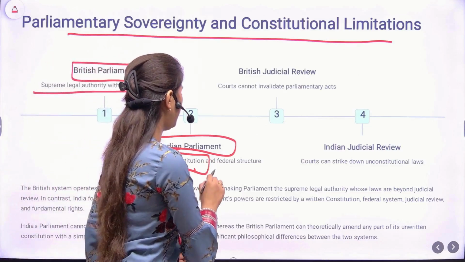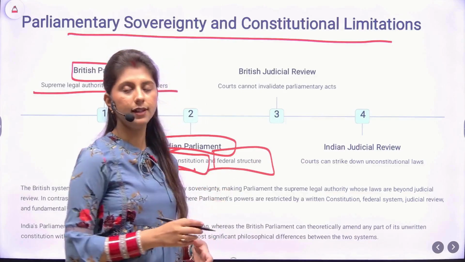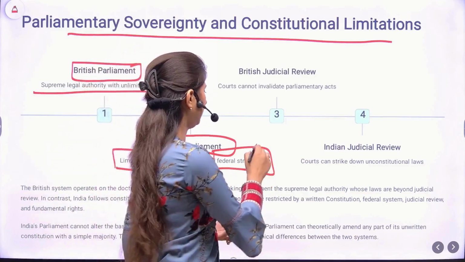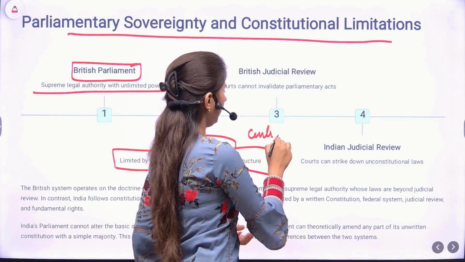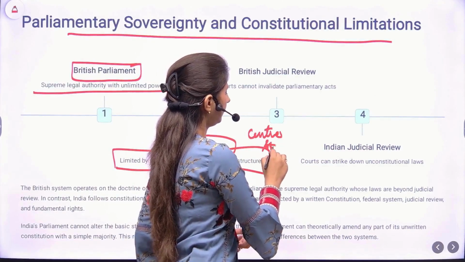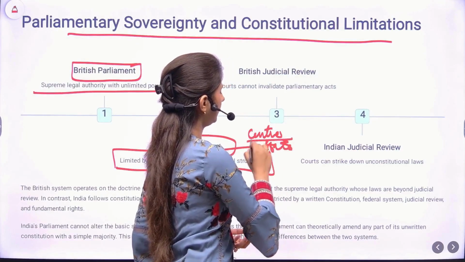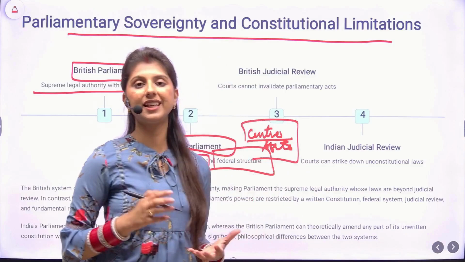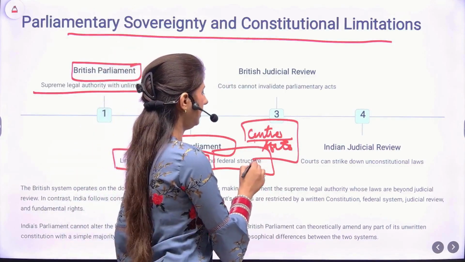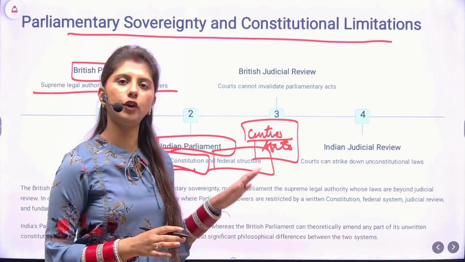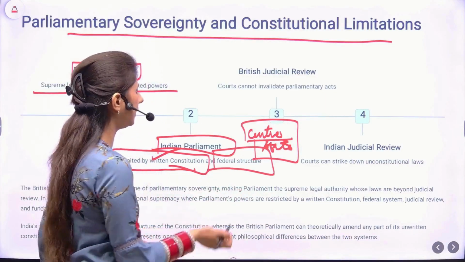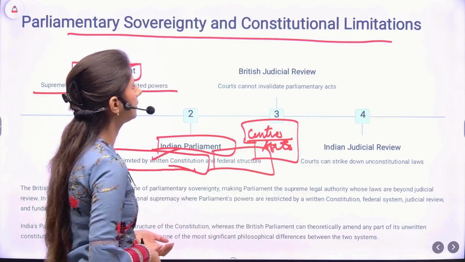As well as we have a federal structure, that is, some powers are with the center and some with the state. There is a clear-cut division of subjects, and Parliament cannot make laws on certain subjects which are exclusive for the state except under special circumstances.